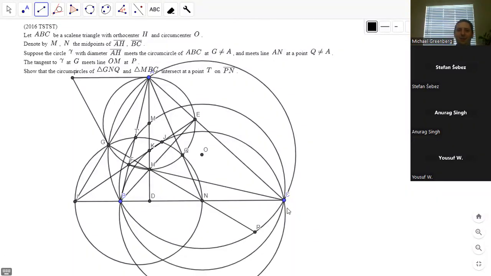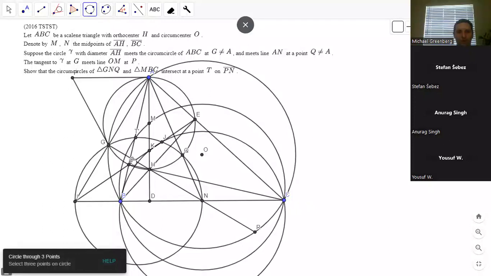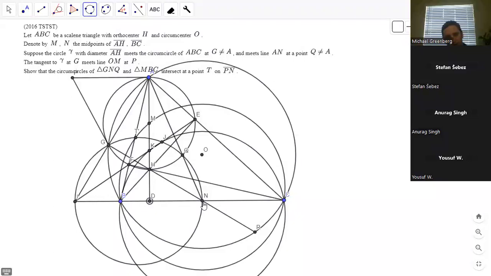Yeah. That proves that K lies on the circle. And then the inversion proves that T prime lies on the 9-point circle. Yeah. That's a great proof, actually.